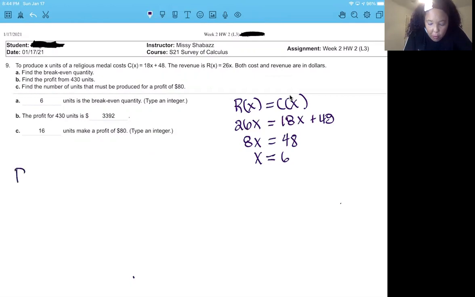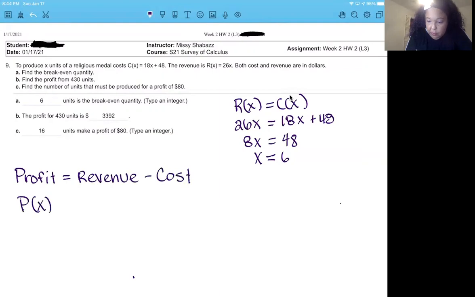And remember, profit equals revenue minus cost. So my profit function is going to be R of X minus C of X. My revenue function is 26X.